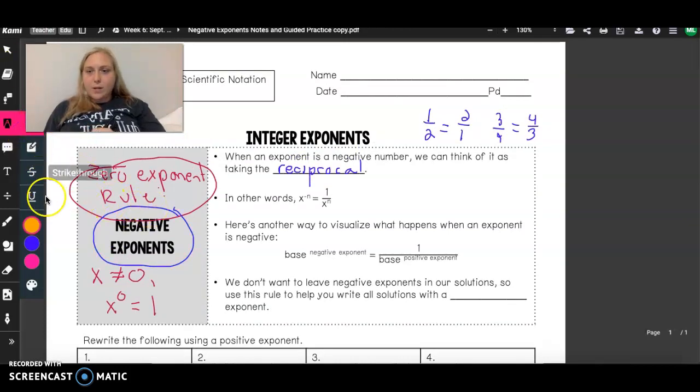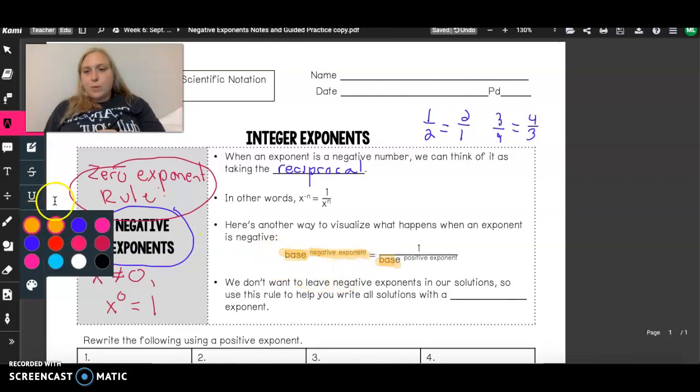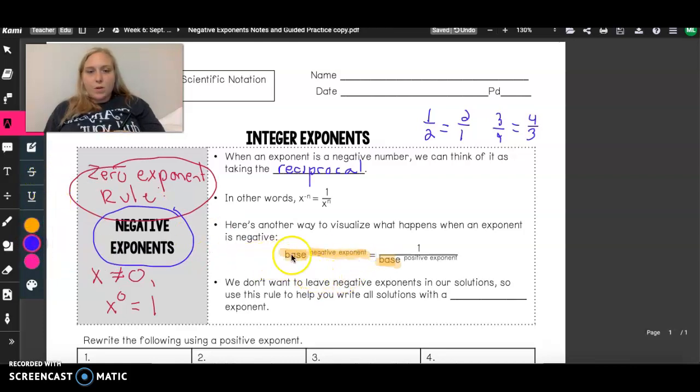There it is. Okay, so there's my highlighter, and I just wanted to highlight, here's another way to visualize what happens when an exponent is negative. We always have our base, right? And that base is being raised up to a negative exponent. Let me change that color.